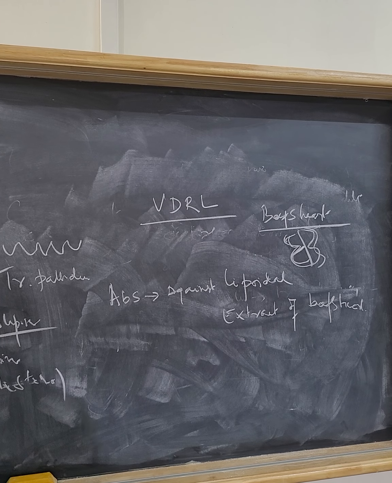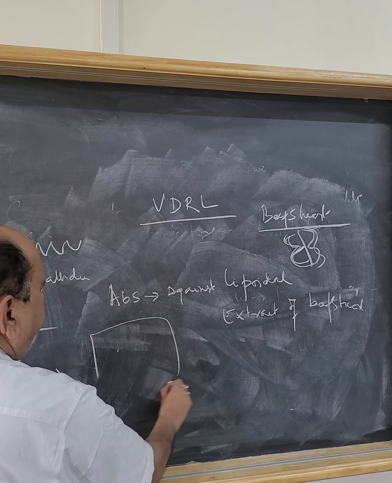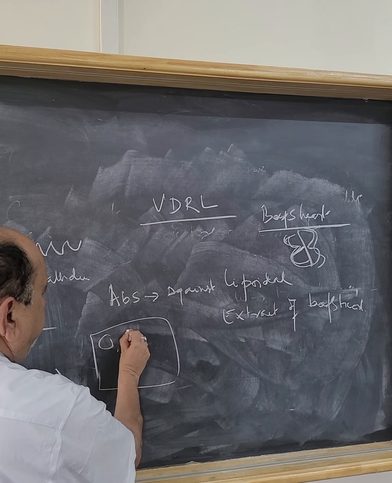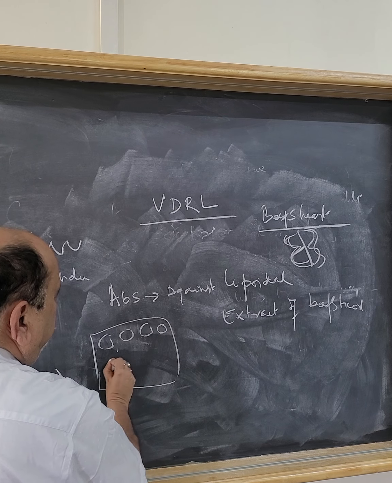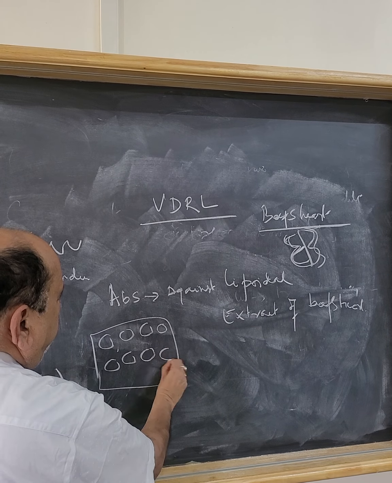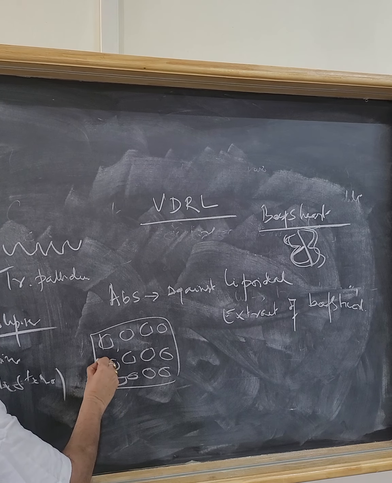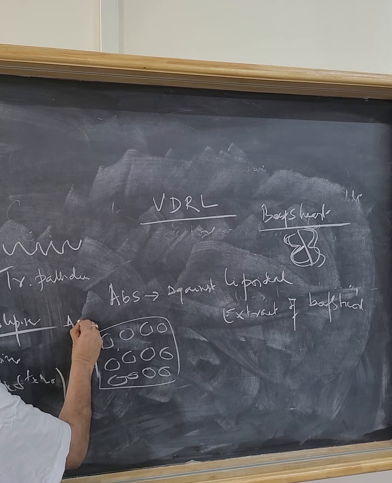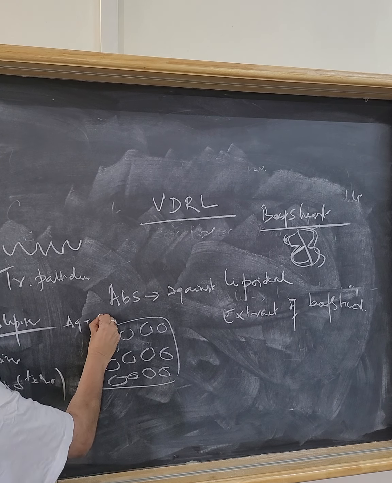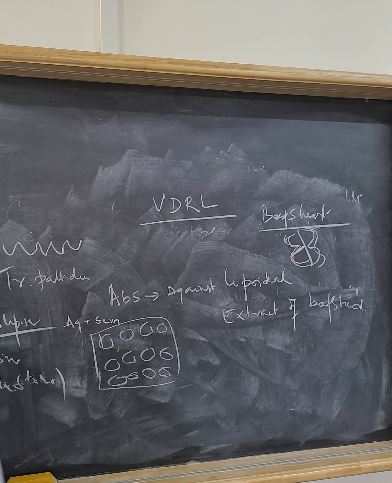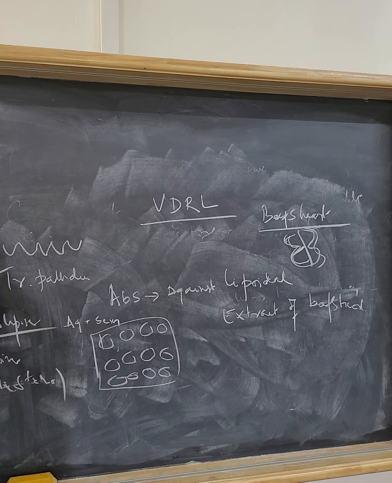There is a VDRL slide which is made up of cavities, like a glass slide, and you add serum and antigen. You rotate it on a VDRL rotator at 180 RPM.